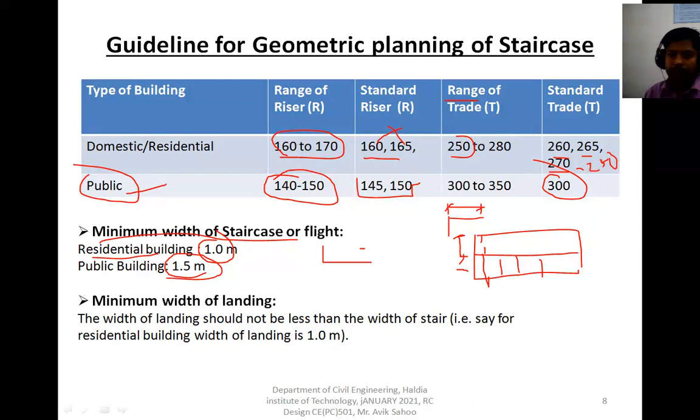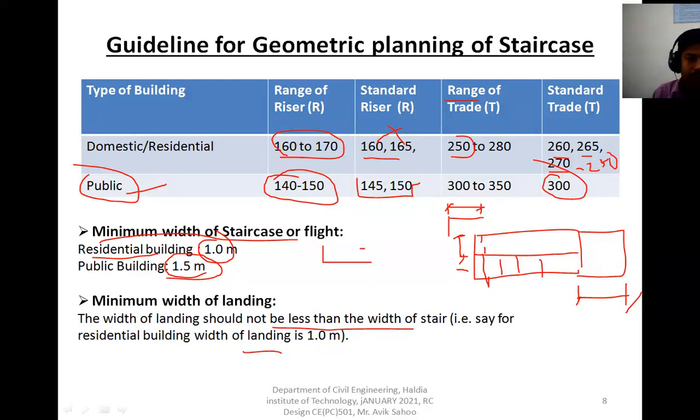Now the minimum width of landing. You see that this is a landing portion, the width of landing means this length, that is 1 meter for residential building. Width of landing should not be less than the width of stair.